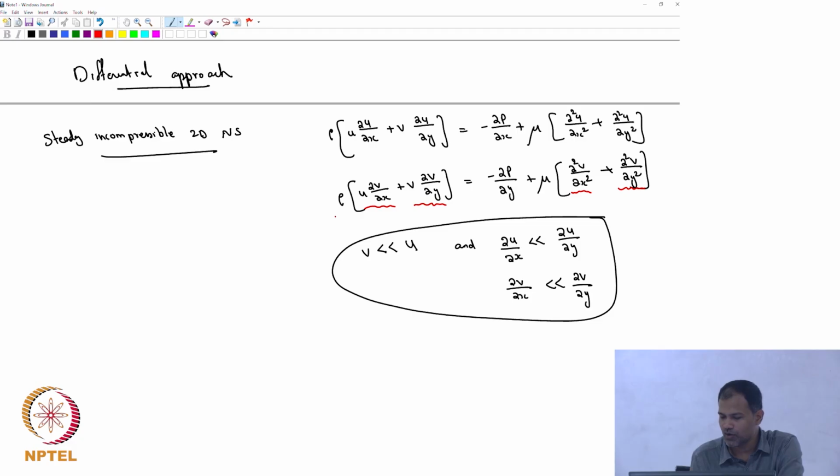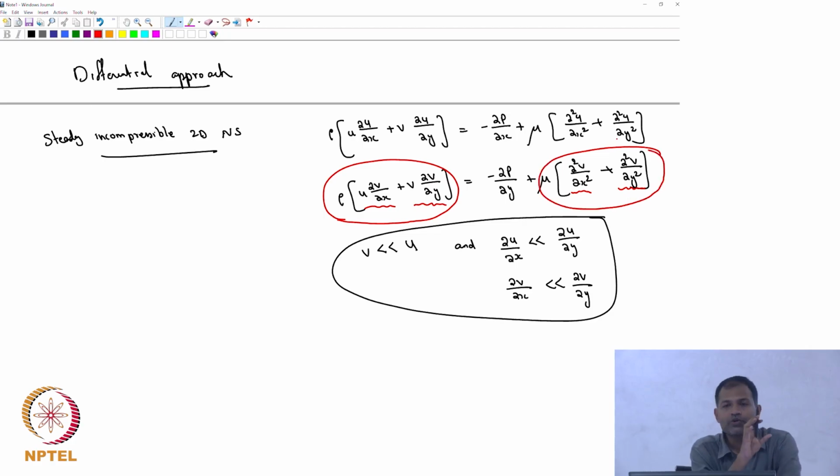In other words, this left hand side, which I am drawing in this circle, is going to be extremely small for a boundary layer. Now you have to trust me there, because one has to actually do a formal derivation, and I'm just telling you that this is what holds for the boundary layer.